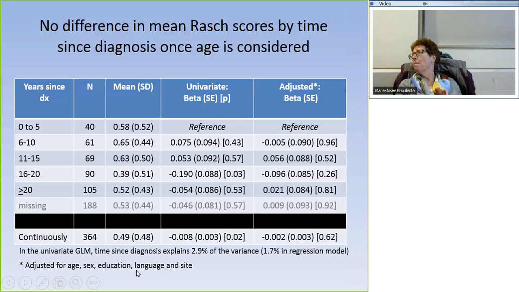Even univariately, the signal's not there. Maybe this one is becoming close to our threshold of a half a standard deviation, but this is years of diagnosis, and once you adjust for age, it's disappeared. So it kind of indicates that it's mostly age. And I think that's it.